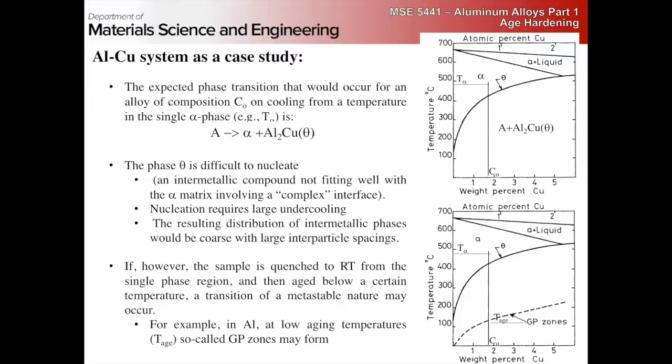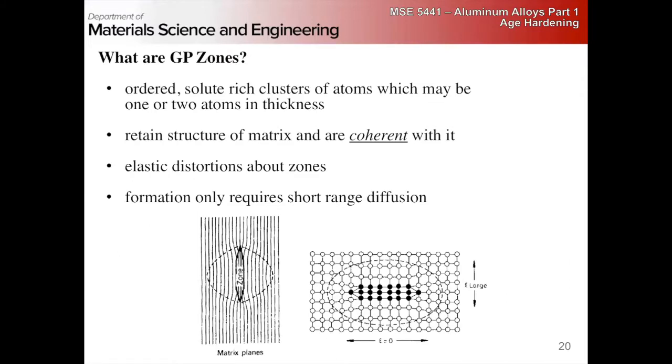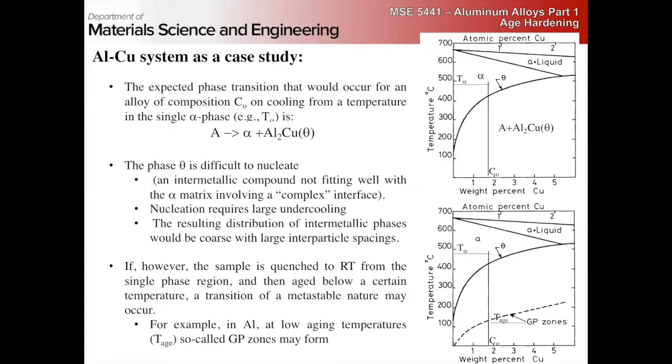And when you cool down, you're supersaturated in copper, so you want to phase separate. Thermodynamically, you want to nucleate theta, but that's too difficult because it's too big of a unit cell, lattice mismatch, big incoherent interface with a high energy.